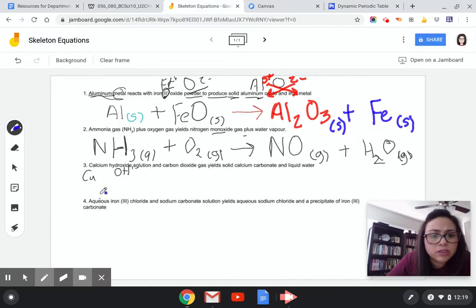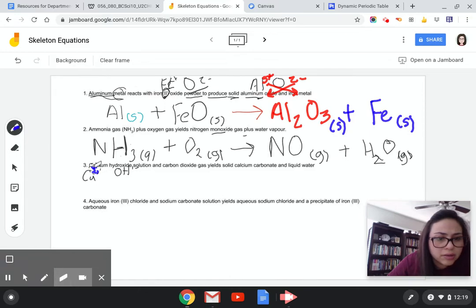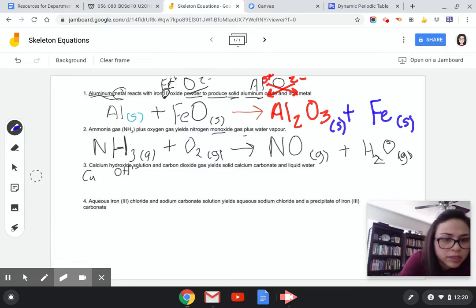So that's going to be, okay, let me erase this because it's getting really hard to read there. But it's going to be a 2 plus, and hydroxide is OH 1 negative. So that's going to be something where we're going to have to crisscross and don't cancel.